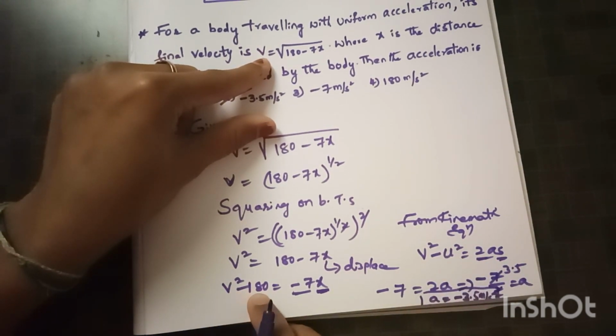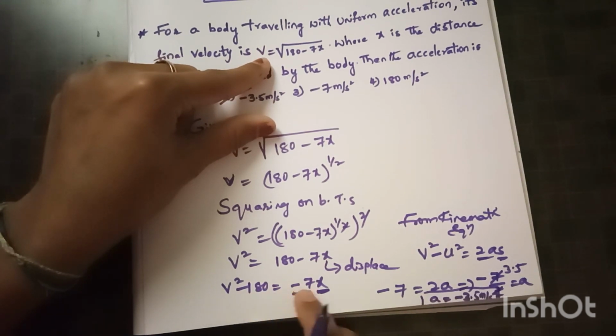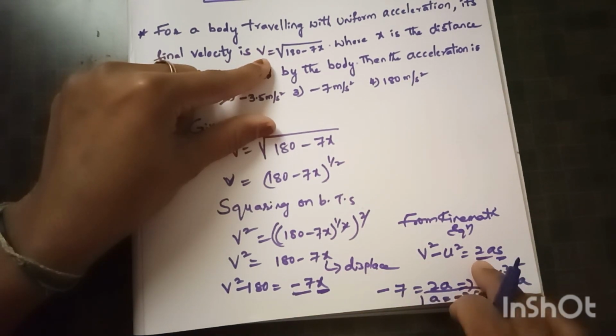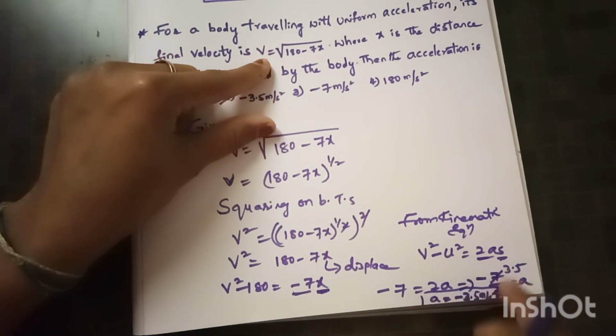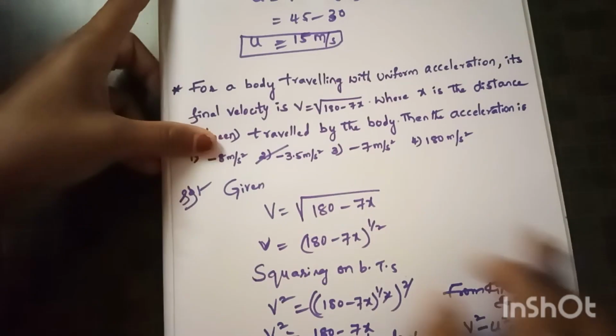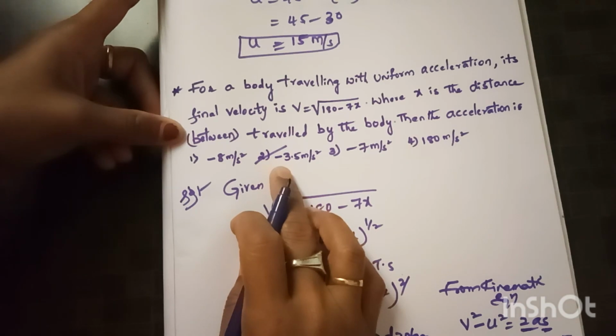Here u square is 180, equal to minus 7x, where x is displacement, so 2a equals minus 7. We want a, so sending the 2 to the right side, minus 7 by 2 equals a, which is minus 3.5 meter per second square. This is the acceleration of the body.